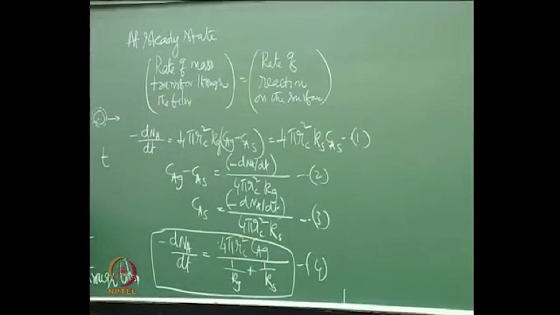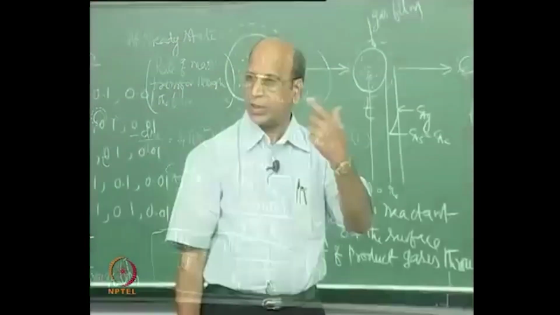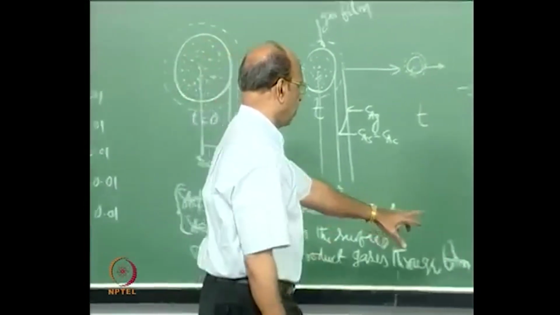But what we would like to have is also dNB by dt, how the particle is shrinking, how the particle finally disappears. So, that is what we have to relate.